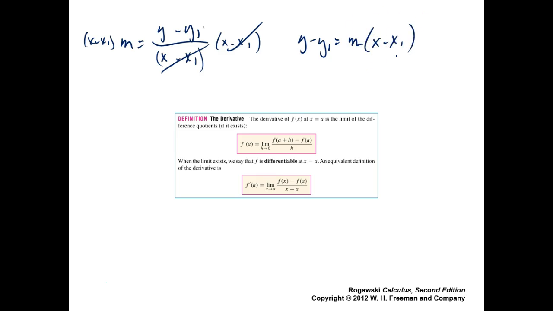Does anyone remember what we called that back in the day? The point slope formula. You know a point and the slope, that gave you the point slope formula. It came directly from your slope formula. You just didn't know 2 points, you only knew 1 point and a variable.